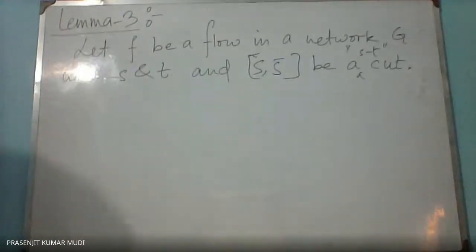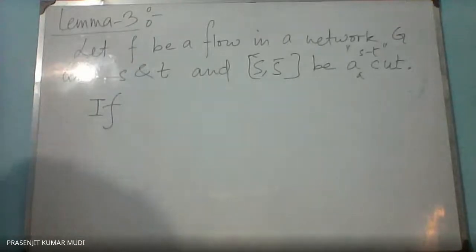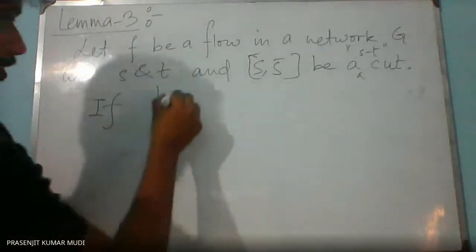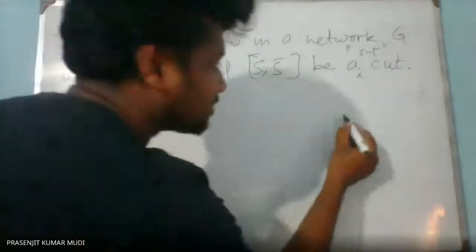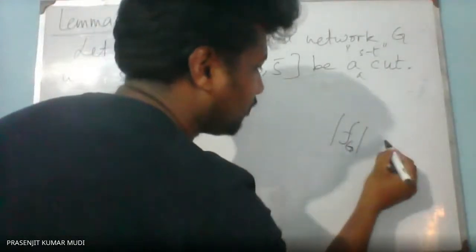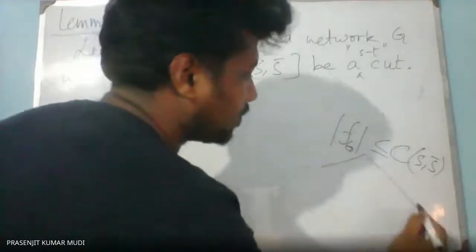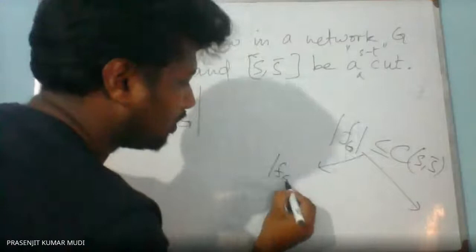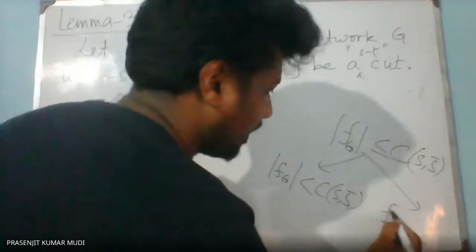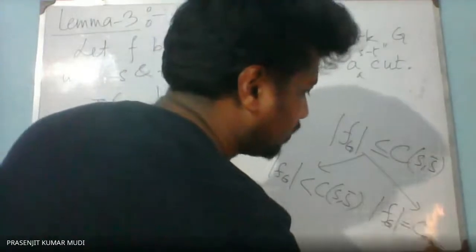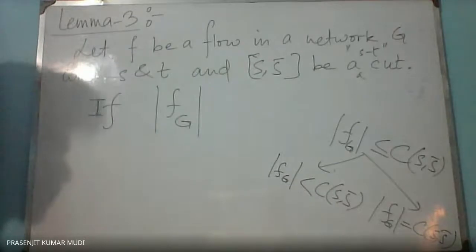So this lemma says, as per lemma 2, we have understood that F of G is less than or equal to C of (S, S bar), right? So we have two possibilities. Either the flow can be strictly less than C of (S, S bar), or F of G can be exactly equal to C of (S, S bar). We have two possibilities, correct?